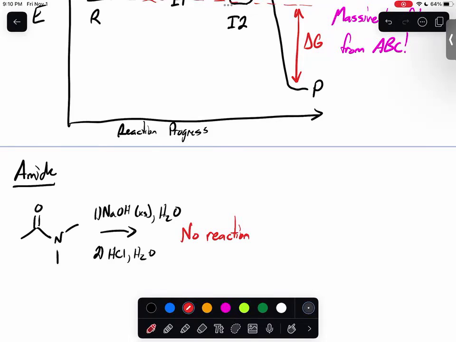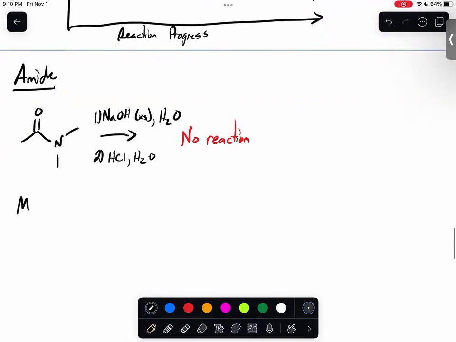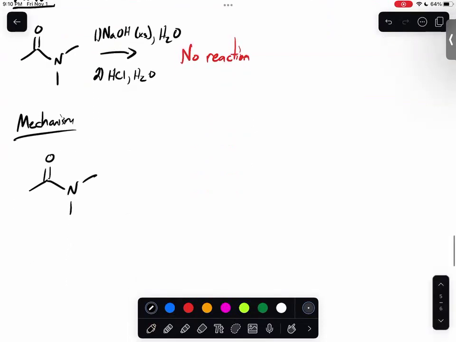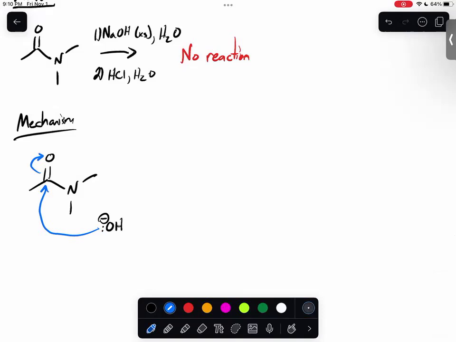Well, if we take a look at what would happen in the mechanism, essentially it starts out the same as the others. Hydroxide would come in and do its nucleophilic attack on the carbonyl carbon, kick the electrons from the double bond onto the oxygen, and we would end up in a situation like this. From here, we now have a choice, right?